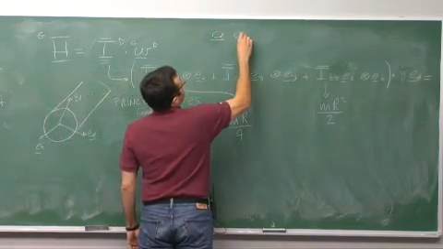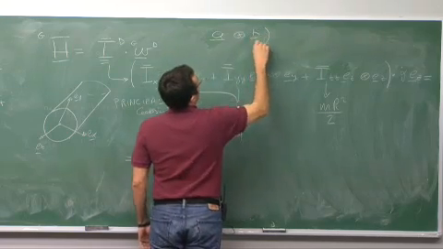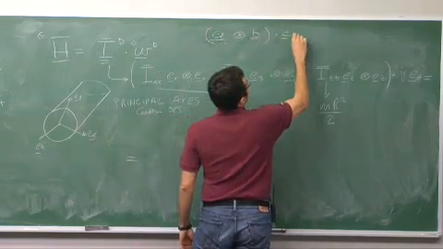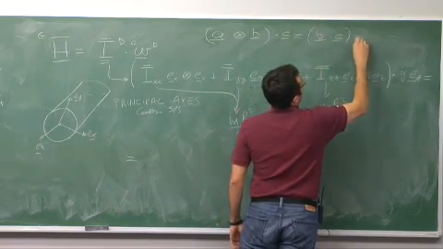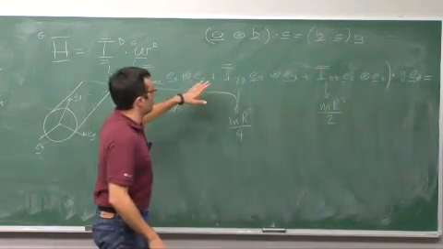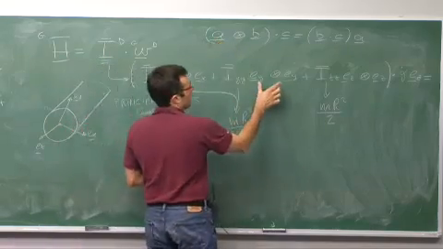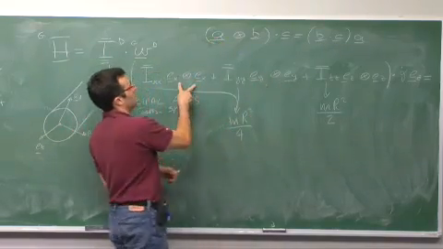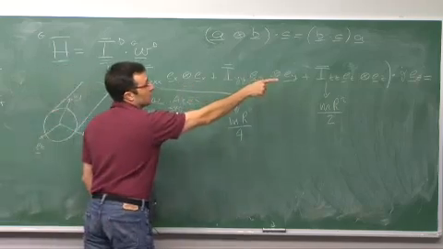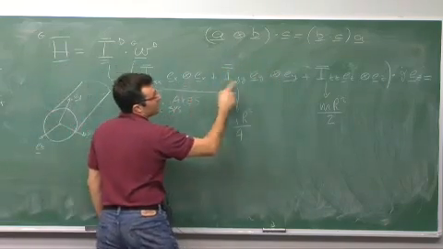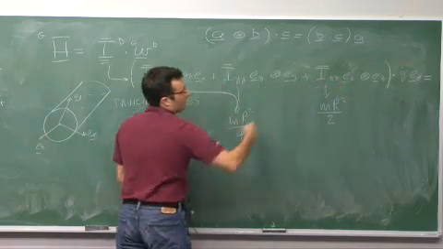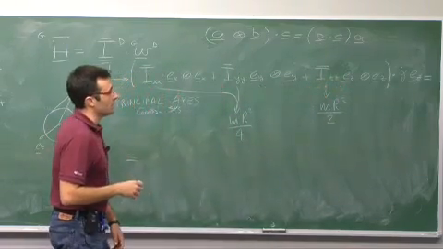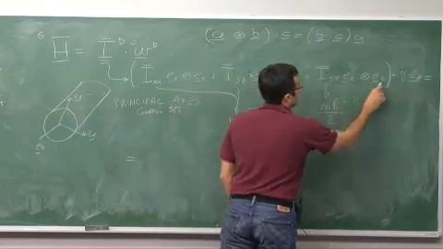A ⊗ B dotted with a third vector C is going to be equal to A times B dotted with C. So this is something you will have to apply between these two guys here, e_x ⊗ e_x and e_z. And of course you will see an e_x dotted with e_z, which is a 0. Same story for this. So the only thing that is left is this one, right? The only one that survives.